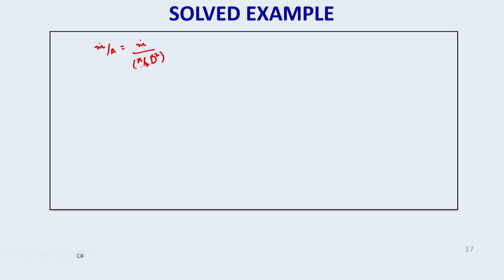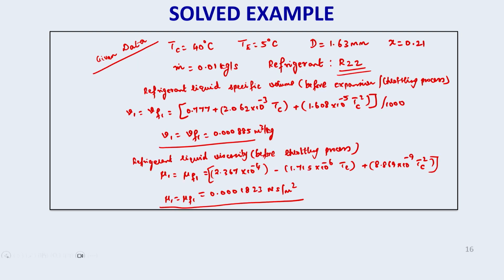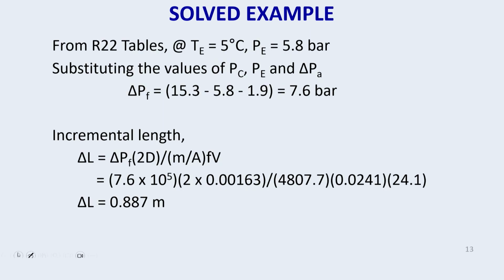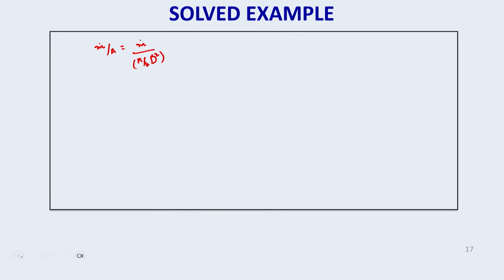D is given, so convert the diameter into meter. That will be 1.63 into 10 power minus 3 meter. So the diameter is to be substituted. Mass flow rate is given as 0.01 kg per second. So this is equal to 0.01 divided by pi by 4 d square, where d is 1.63 into 10 power minus 3, squared.